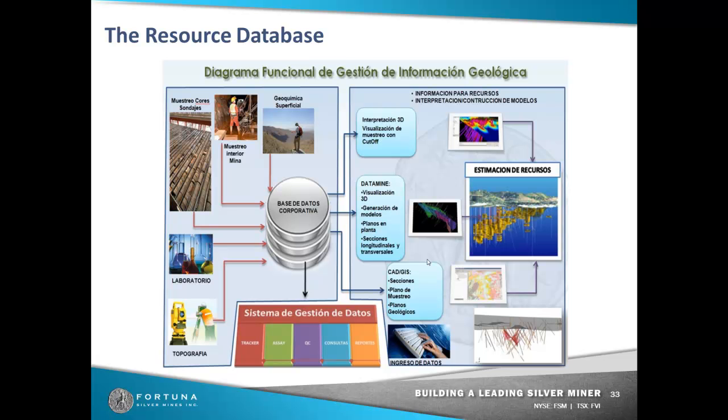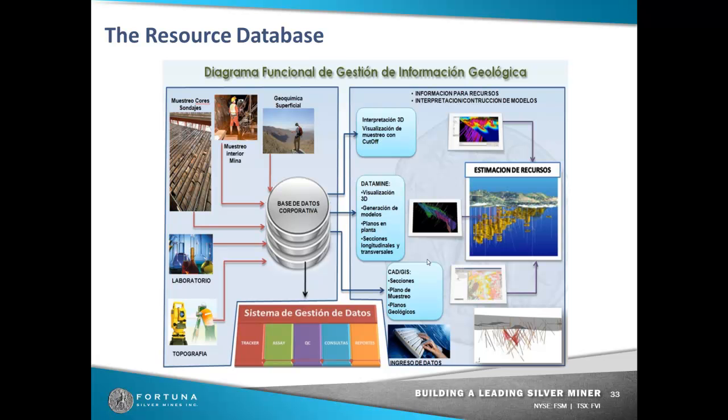So once we have that database information, we're then exporting it into various components which allow us to use it as our secondary set of information databases. Out of the corporate Fortuna primary database storage, we're using that data to generate 3D interpretations, visualizing what type of samples we have above the cutoff.